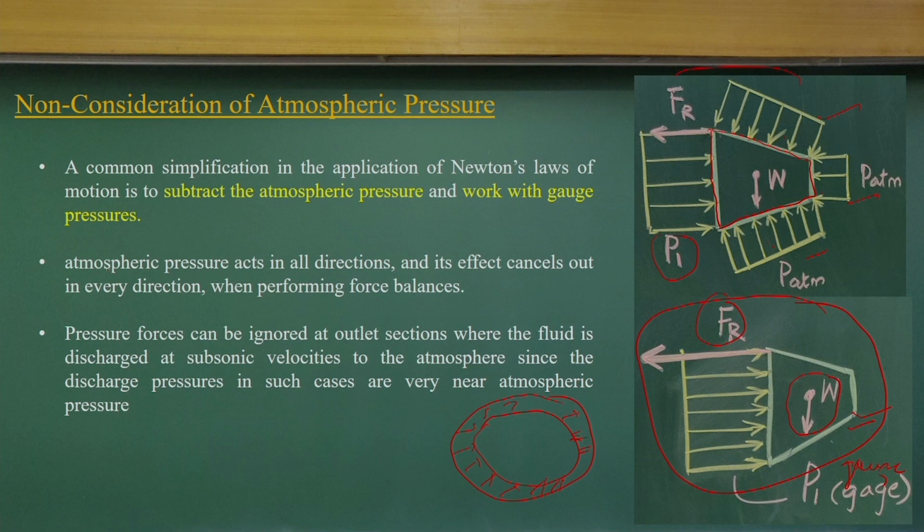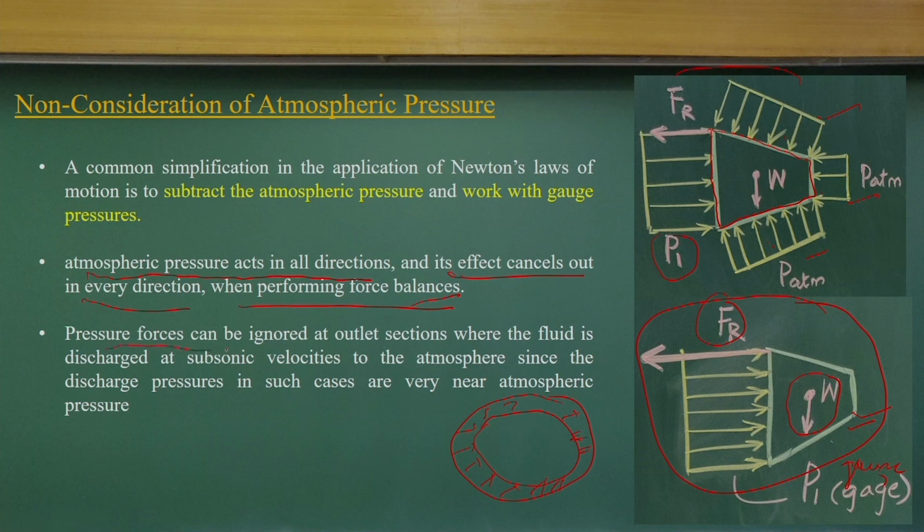That is, atmospheric pressure acts in all directions, and its effects are cancelled out in every direction when performing the force balancing. When you do a surface integral of these constant pressure distributions over a closed control volume, that is supposed to be 0. That is what happens here, all these directions cancel each other out.